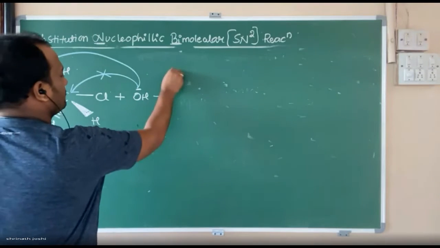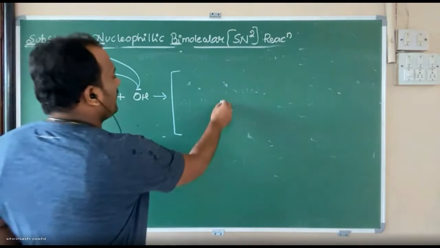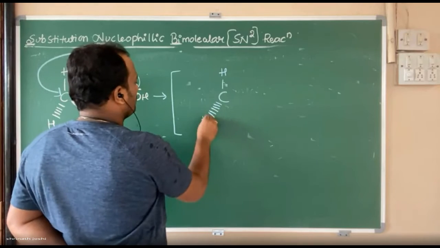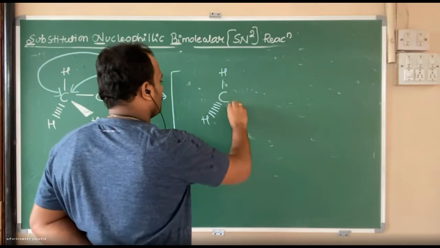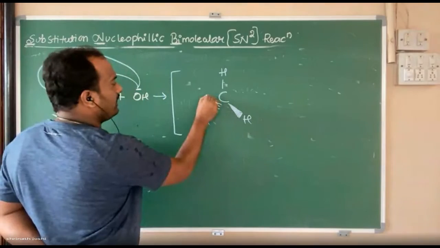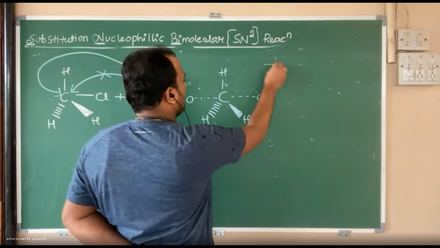Then here carbon, we have a hydrogen here, we will have an OH, we will have a Cl.